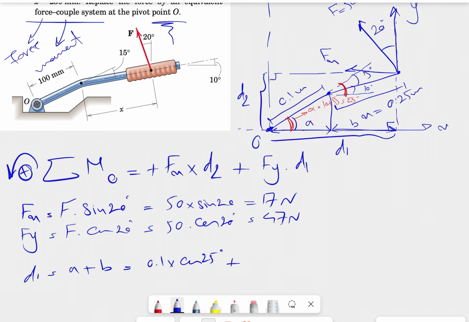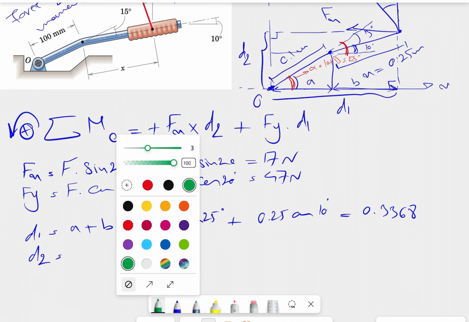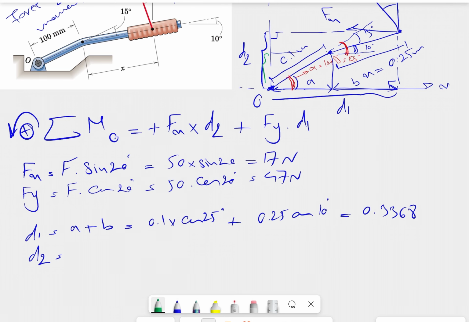We also need to find D2 as well. So D2, let's go with these two names that I'm showing in green.